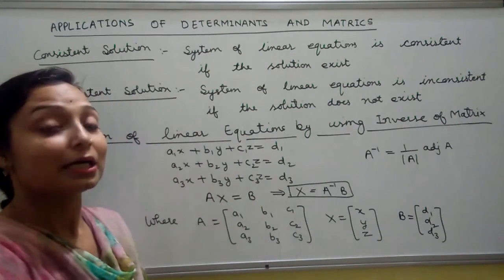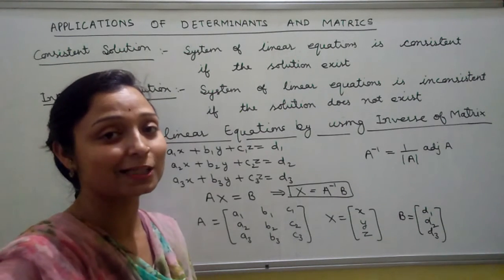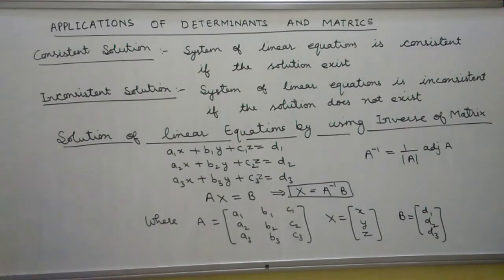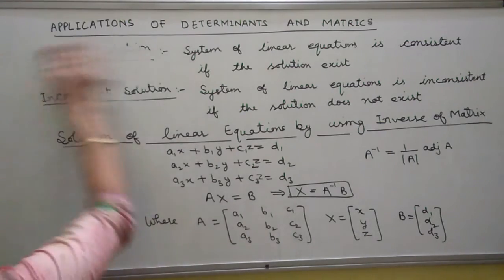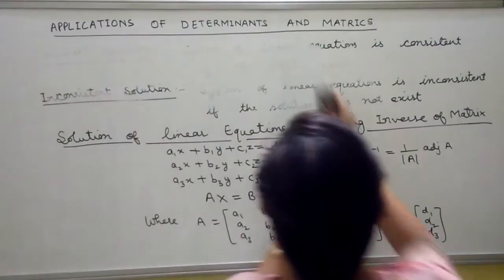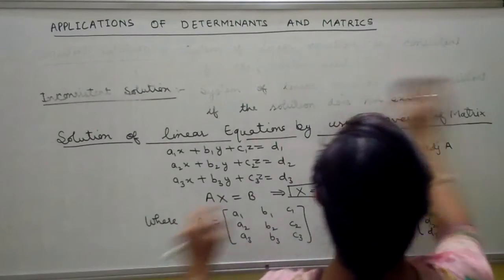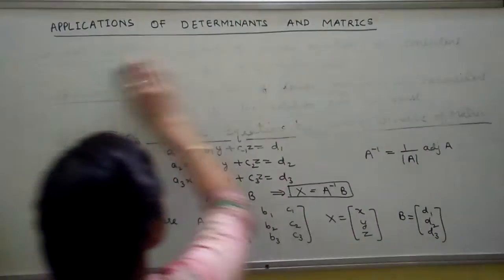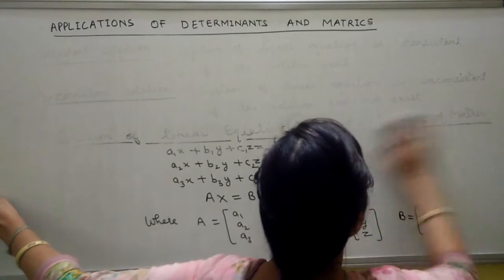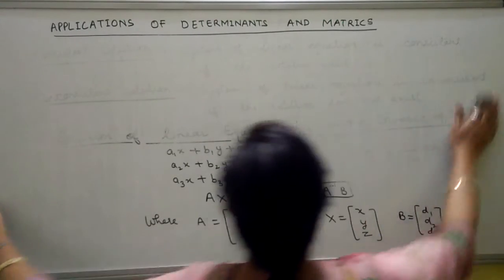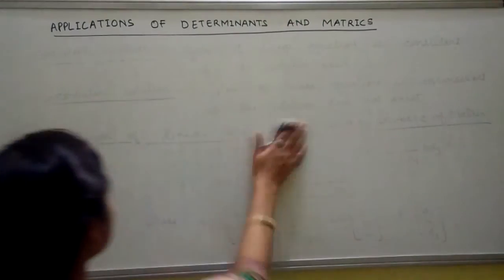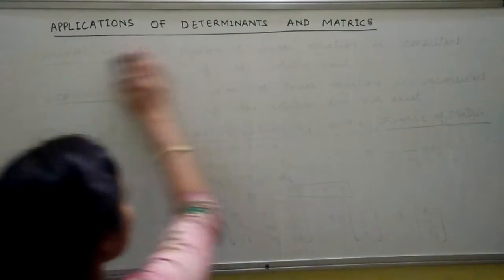So come to the algorithm, how to find the solutions. Well, we have one algorithm. What is that algorithm? Come to the algorithm when determinant of A. Let us suppose we have A, a linear equation having 3 variables, then B with the constants and X is the variable x, y, z with the 3 variables.